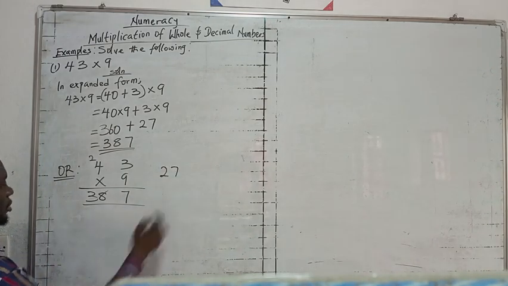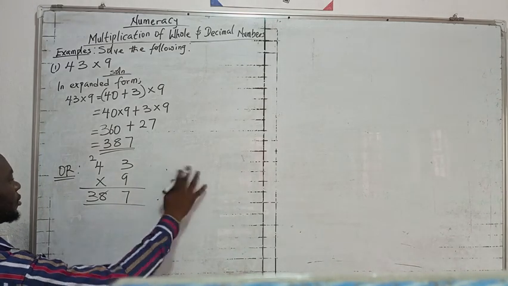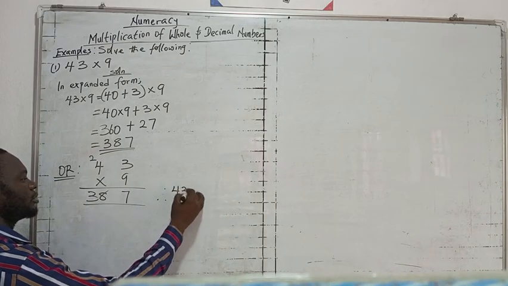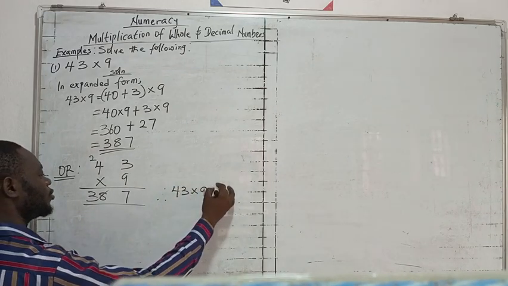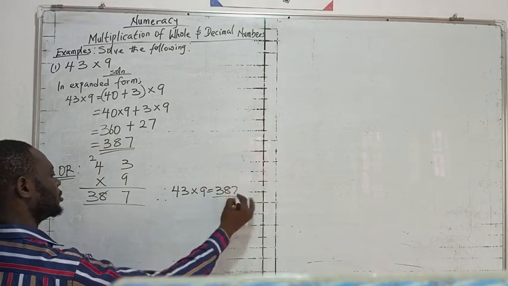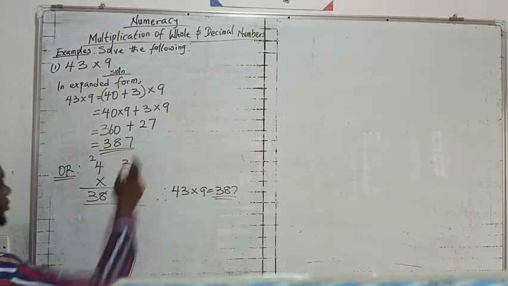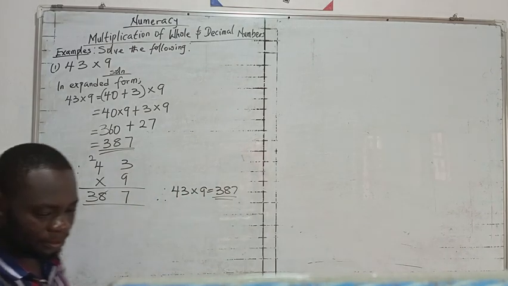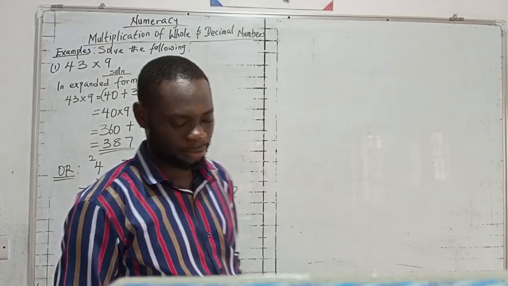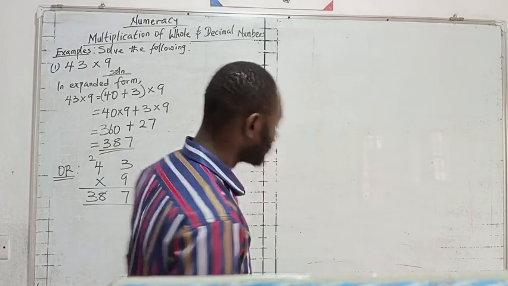Therefore, we can say 43 times 9 is equal to 387. The same thing. Alright? So either way works.